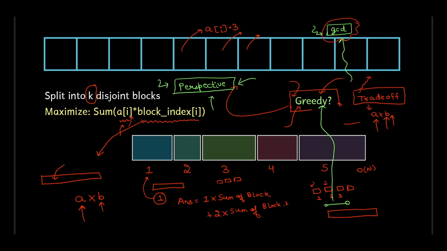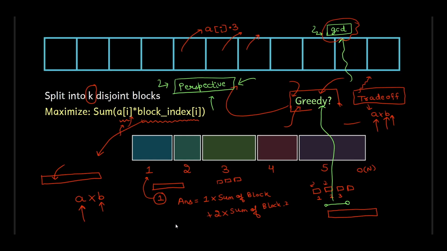So enough rambling. Now let's start with this block that we have, and we know that the sum can be expressed as the sum of elements in the first block times 1, plus the sum of elements in the second block times 2, and so on. So I will assume any random distribution of the elements. I have not made any greedy assumptions so far. Assume you have distributed some elements.